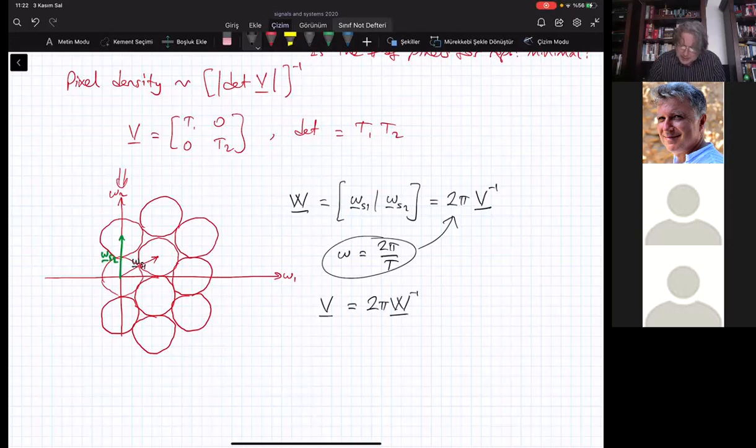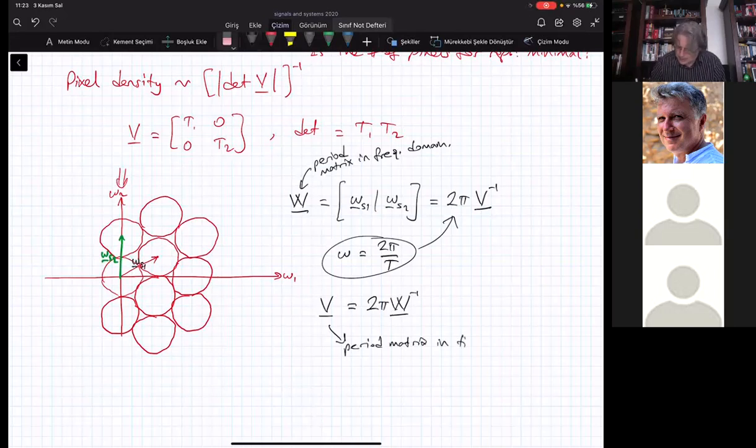So this is the period matrix in frequency domain, and this V is the period matrix in space.